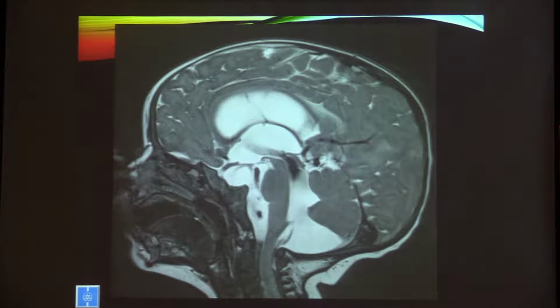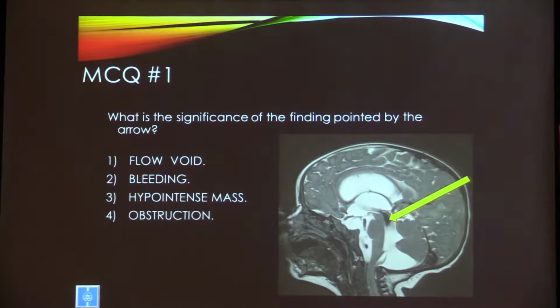In the sagittal T2, we can see a diffuse dilatation of all the ventricles. It leads us to the first question: what is the significance of the finding pointed by the arrow? 1, flow void; 2, bleeding; 3, hypointense mass; 4, obstruction.